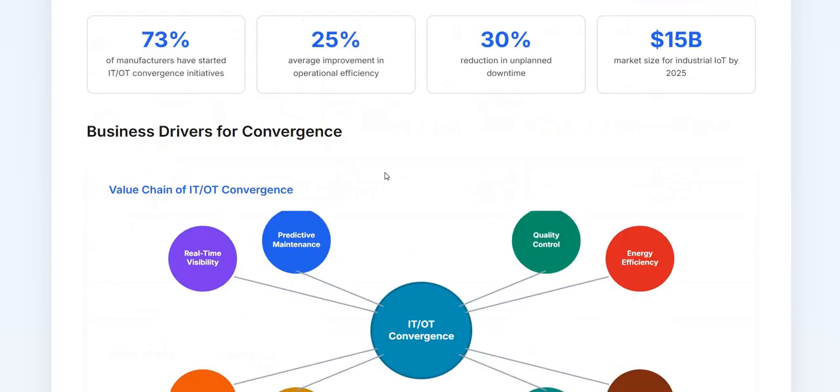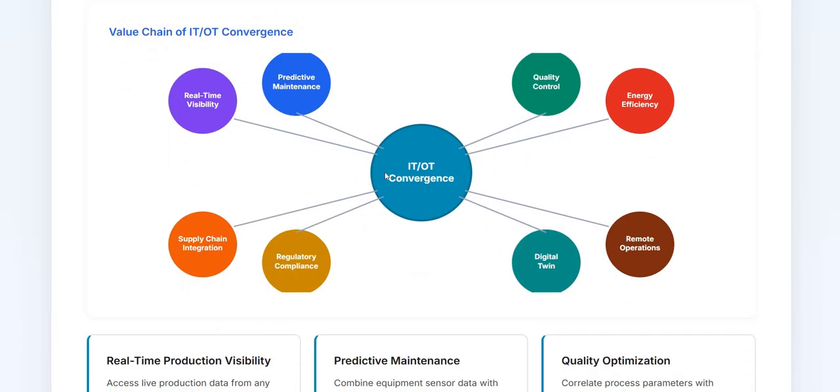Okay, so here focus on the circle labeled IT-OT convergence. Each surrounding circle represents a use case fed by shared data. Real-time visibility comes from live machine data. Maintenance prediction comes from patterns over time.